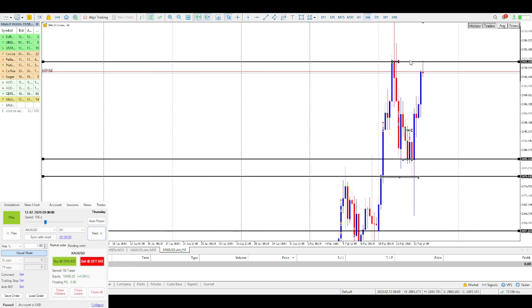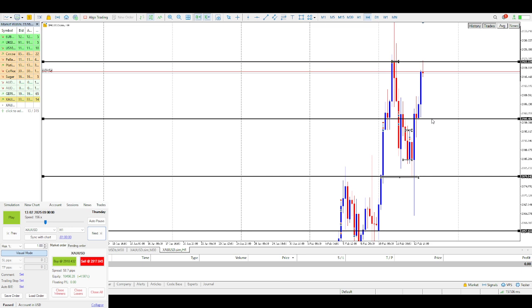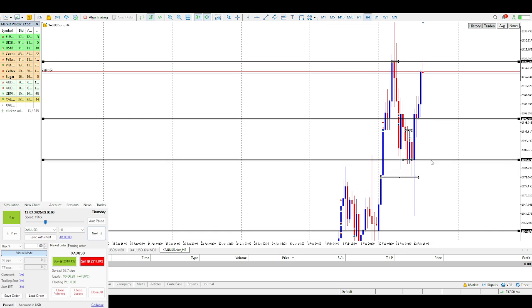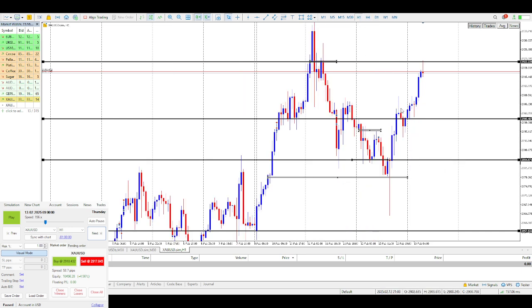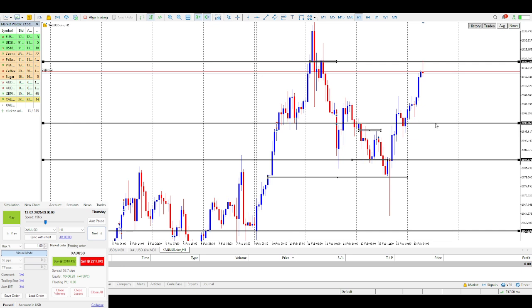Okay, you can see the resistance still remains on the 1 hour time frame, and you have a support down there and another support zone there. We go to the H1 time frame. Let that resistance still remain, and we have another support zone.